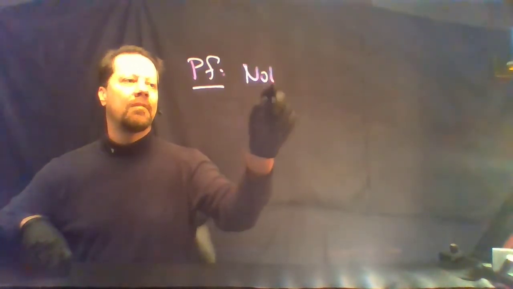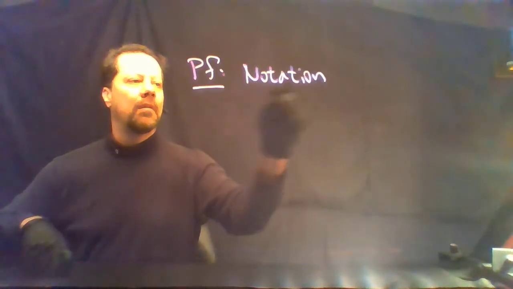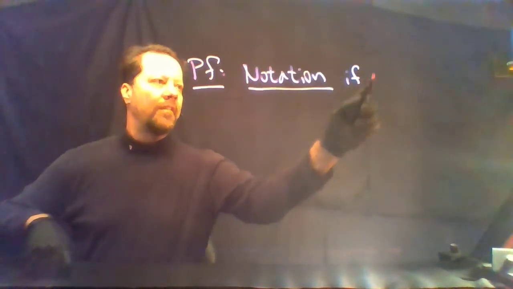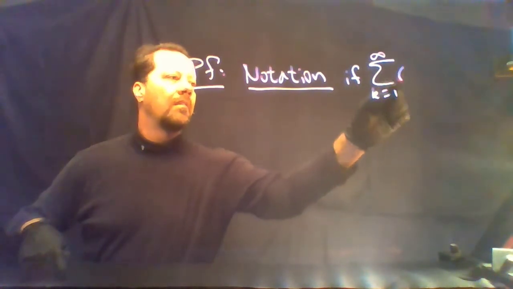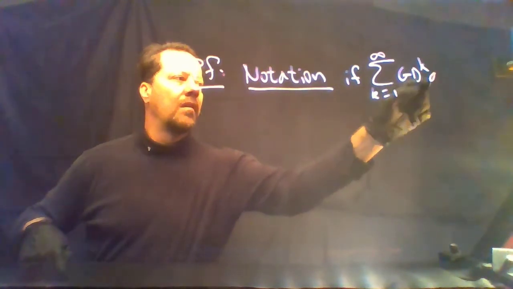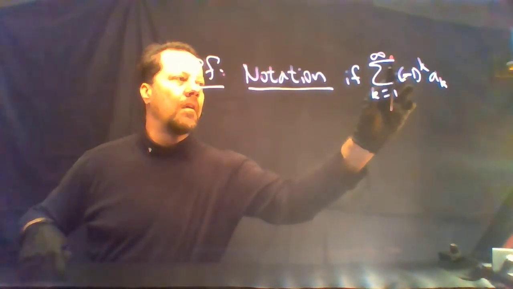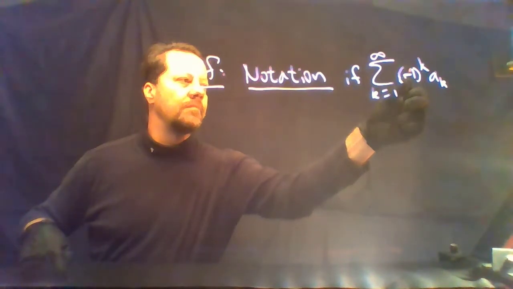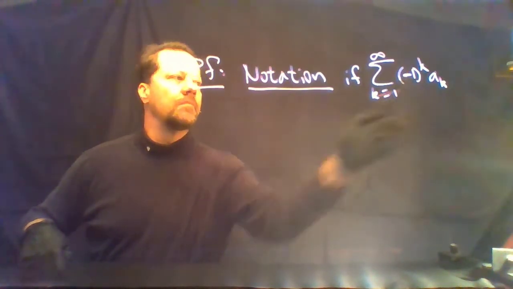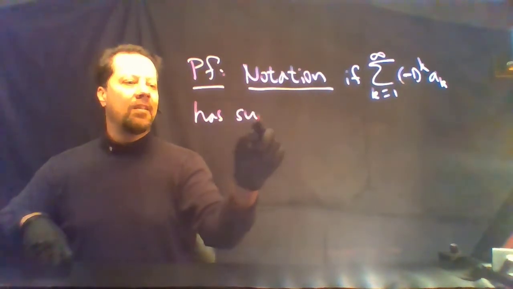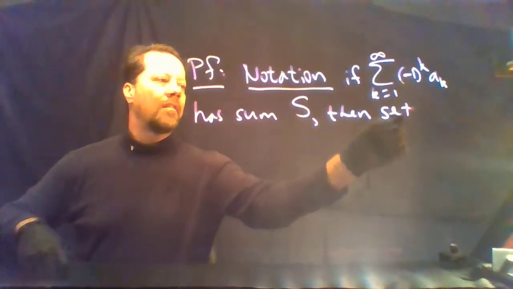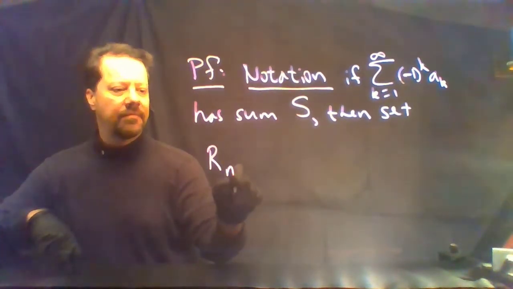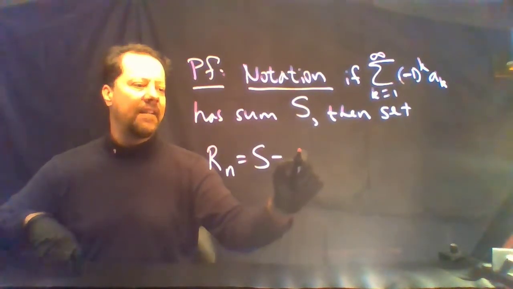I'm going to begin the proof by defining some notation. If we have an alternating series that has some sum s, we'll set the remainder to be s minus the nth partial sum.